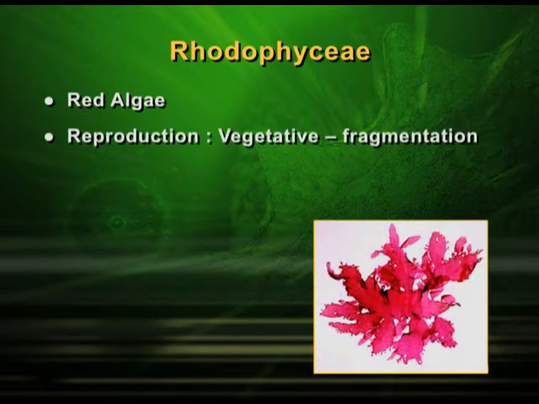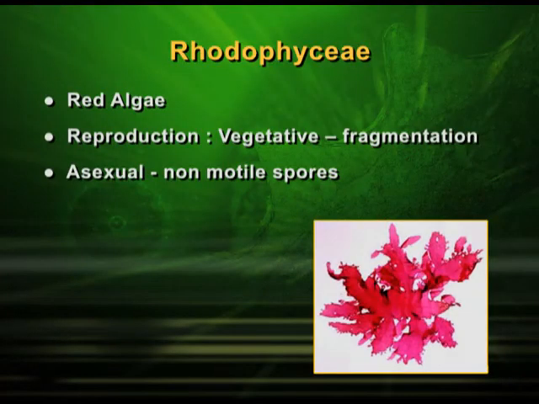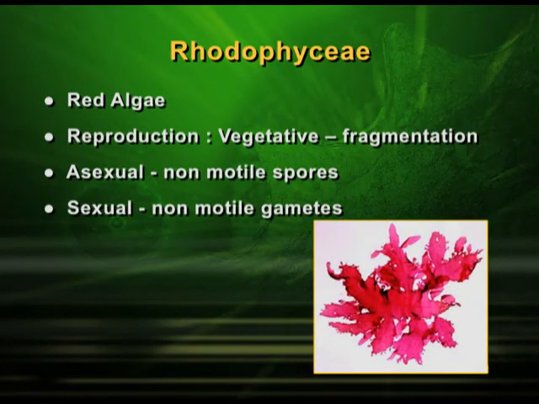It has vegetative reproduction by fragmentation and asexual reproduction by way of producing spores which are non-motile. So, please children remember that in this case asexual reproduction is by non-motile spores and sexual reproduction is also by non-motile gametes.